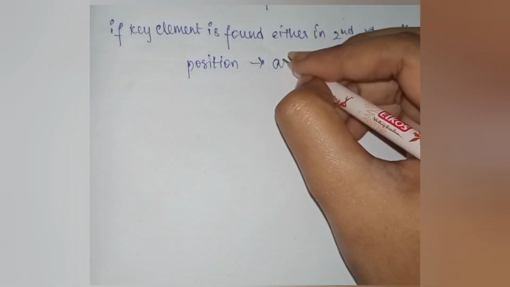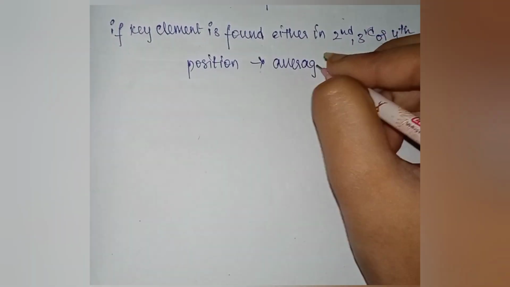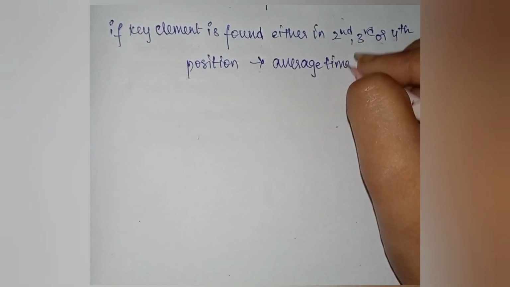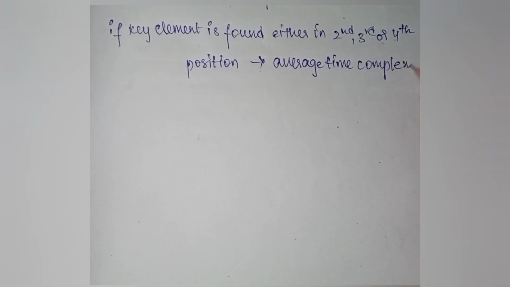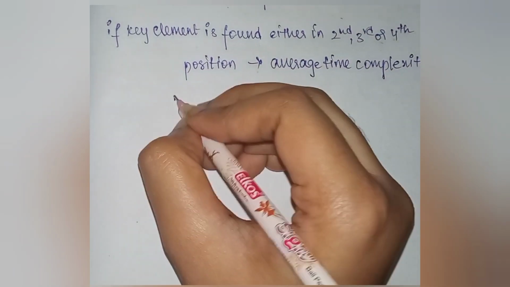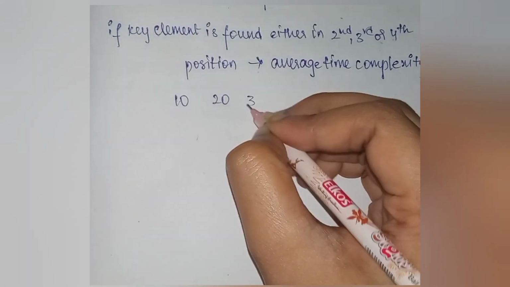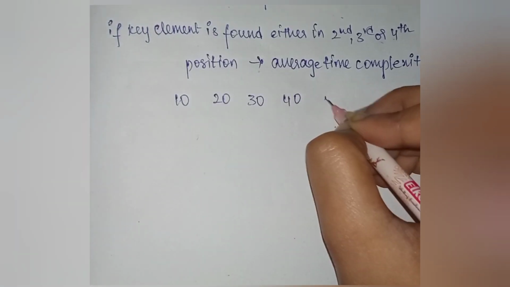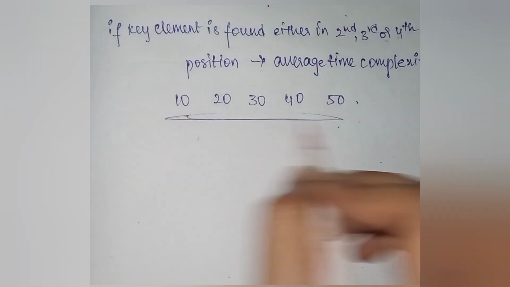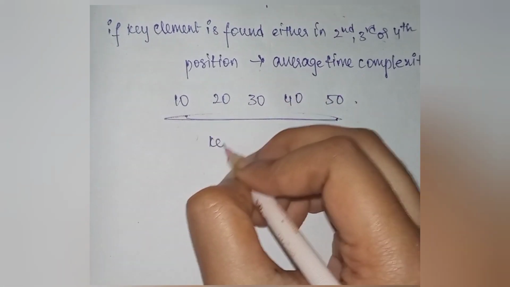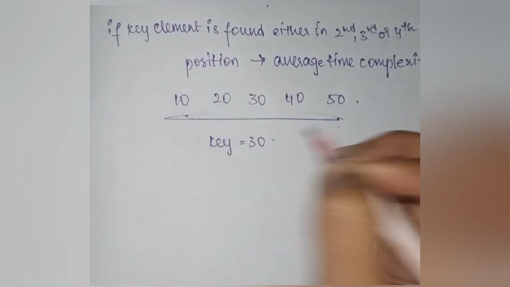I am telling this on the basis of the example. So let me show you. This is my list 10, 20, 30, 40 and 50, and my key element will be 30.